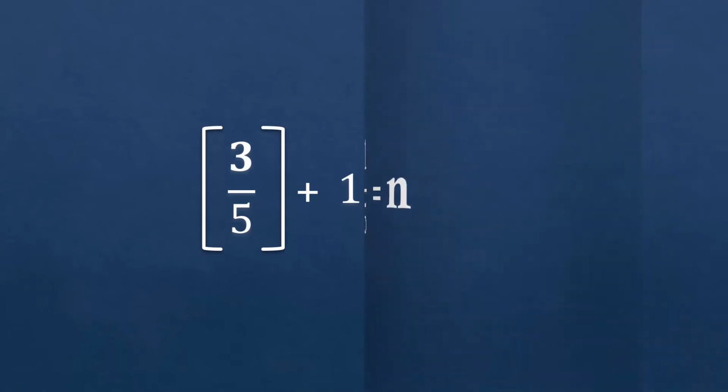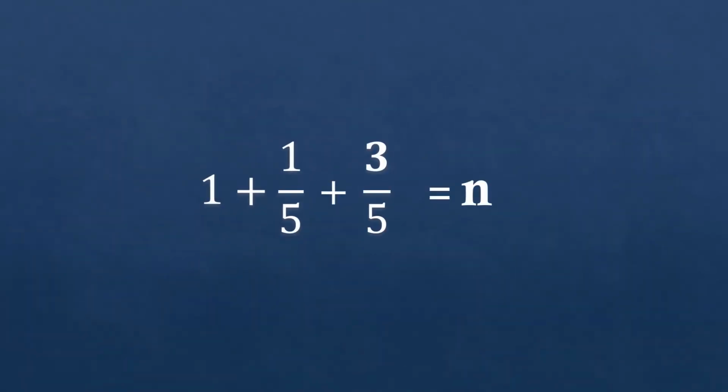In this case, we can read 1 and 1/5 as 1 + 1/5. Therefore, we can read it as 1 + 1/5 + 3/5. Again, we can simply add the numerators and copy the denominators since they are similar. So, 1/5 + 3/5 is equal to 4/5. The final answer is 1 and 4/5.